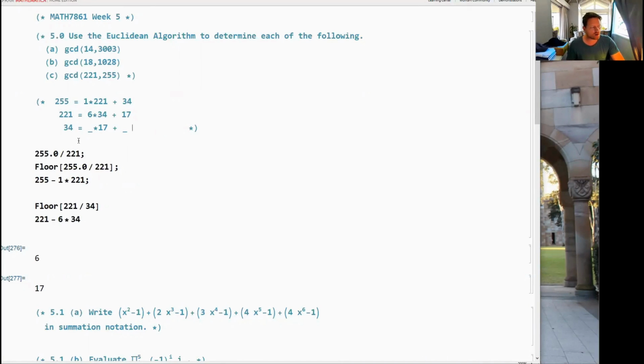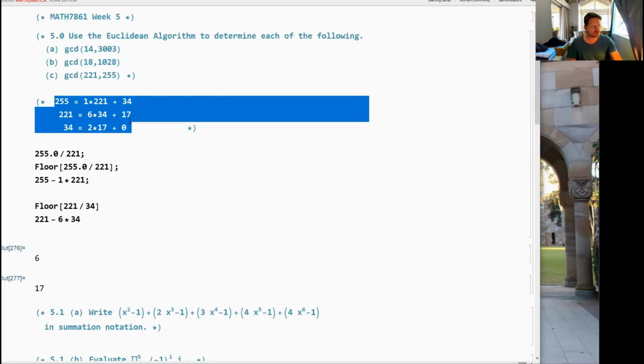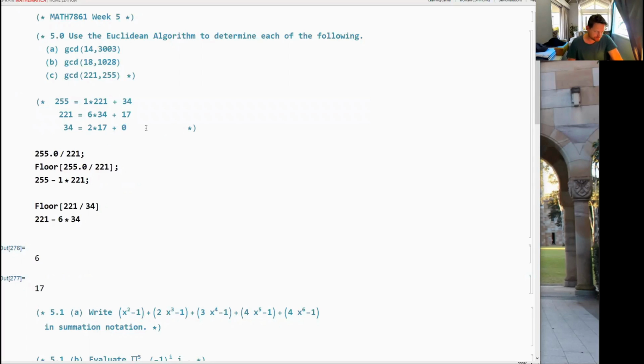If you know your times tables, you'd know that 17 times 2 is 34. So we know straight away that this number is 2, and this number has to be 0. And when you get 0, you know that you're done with the Euclidean algorithm. Now you just have to interpret the result.